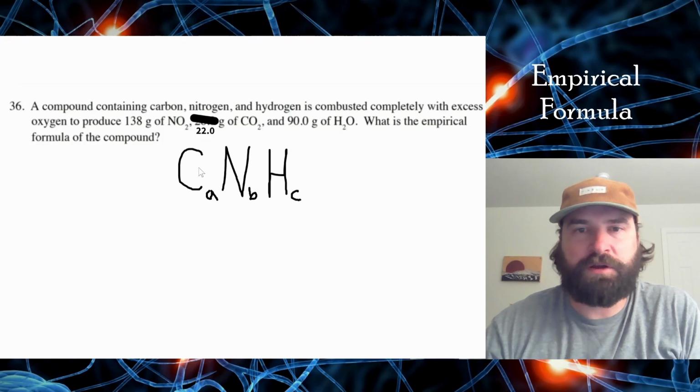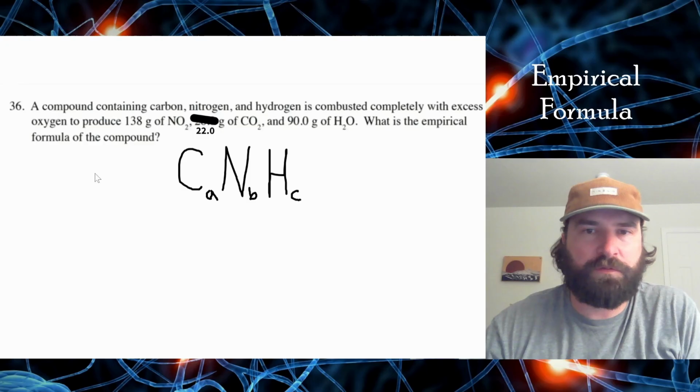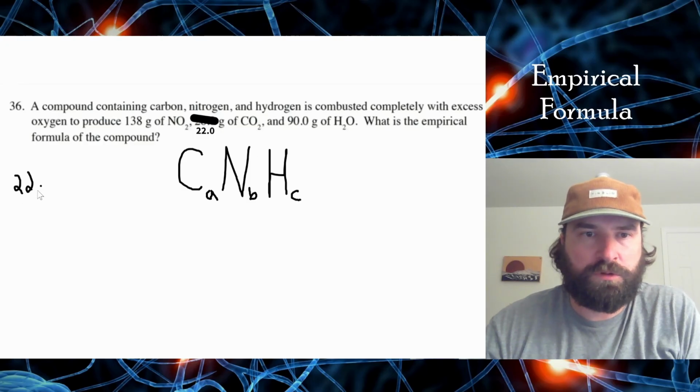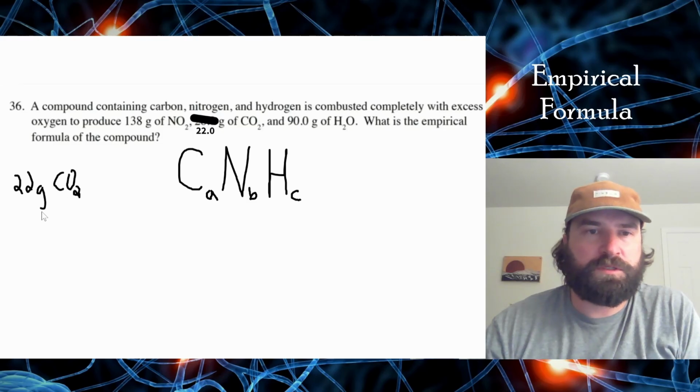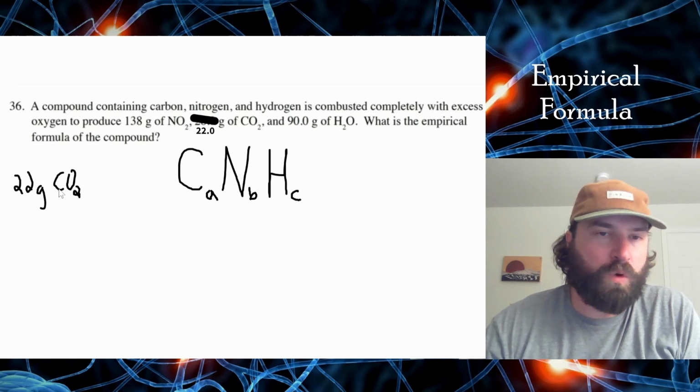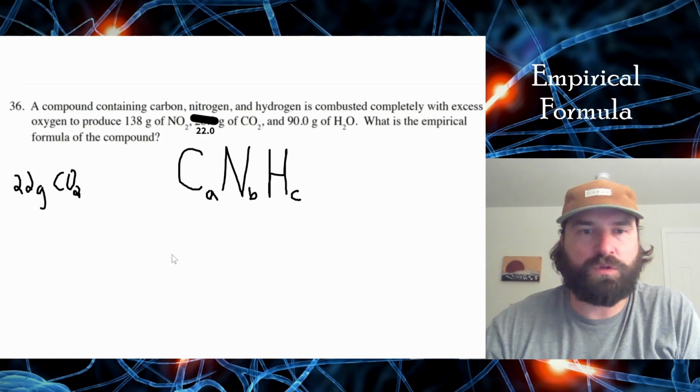So I'll try to figure out carbon first. We've got 22 grams of the molecule that has the carbon in it, so that's 22 grams CO2. Now if we divide this by the molar mass, we should get moles of CO2. Every mole of CO2 has 1 mole of carbon in it, so that should give us moles of carbon.